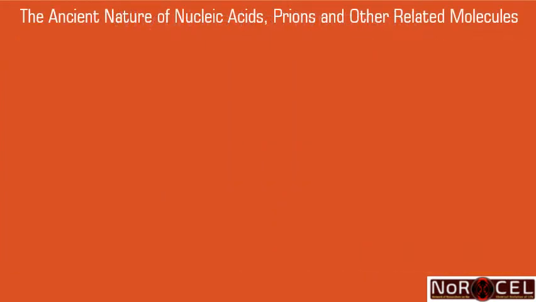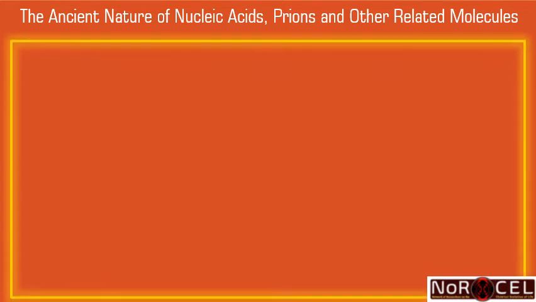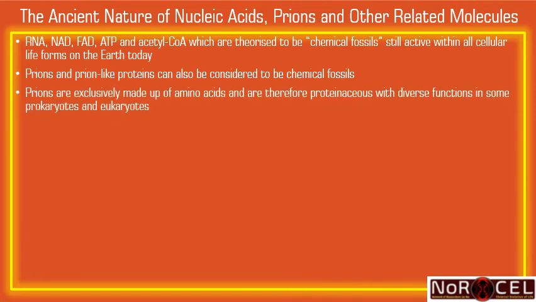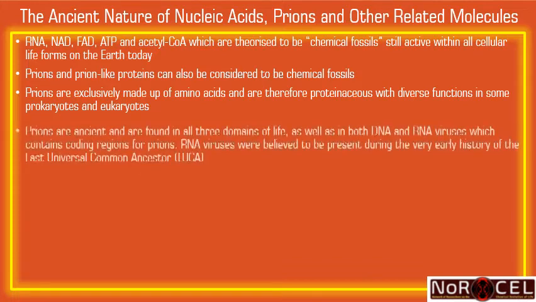The ancient nature of nucleic acids, prions, and other related molecules. What we have here are RNA, NAD, FAD, ATP, and acetyl-CoA, which are theorized to be chemical fossils still active within all cellular life forms on the Earth today. Prions and prion-like proteins can also be considered to be chemical fossils. Prions are exclusively made up of amino acids and are therefore proteinaceous, with diverse functions in some prokaryotes and eukaryotes.